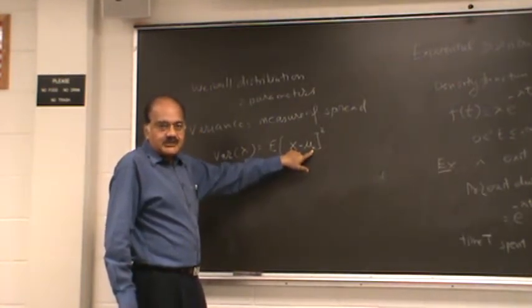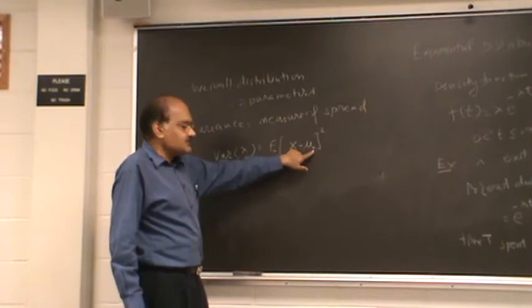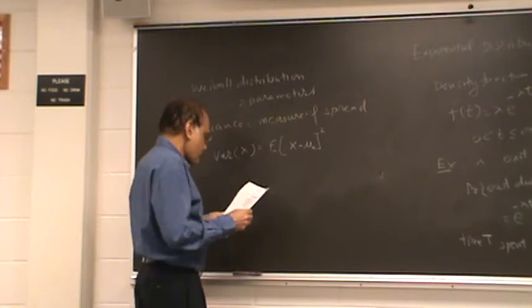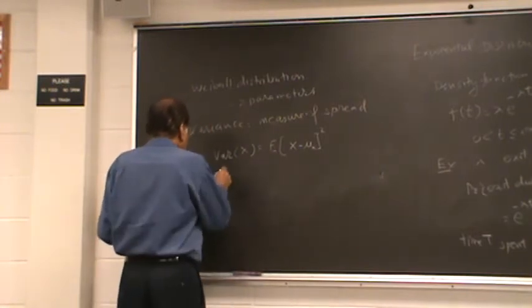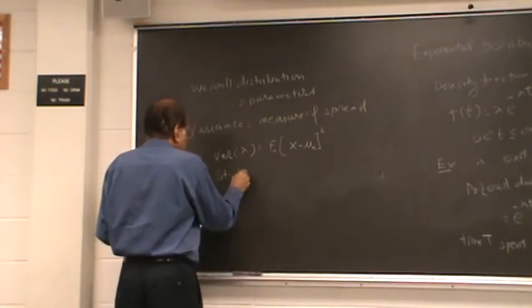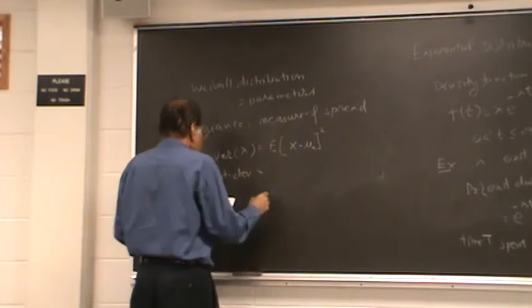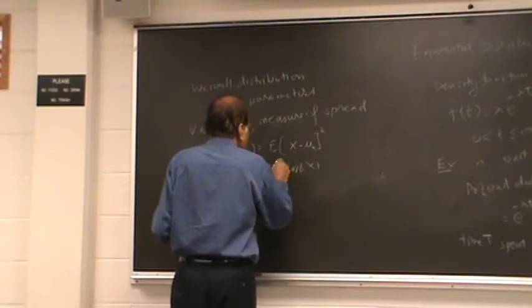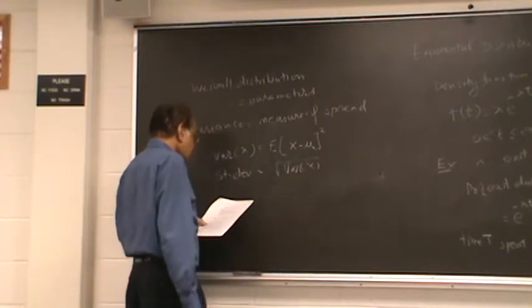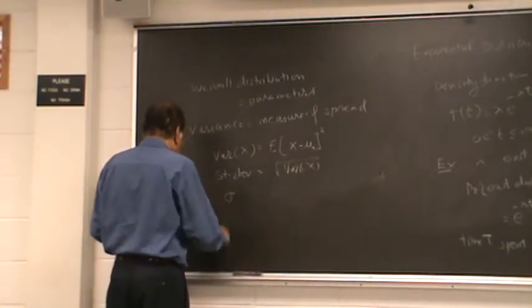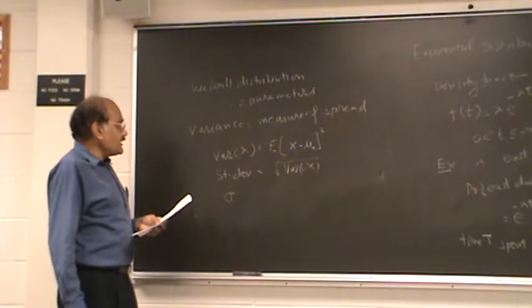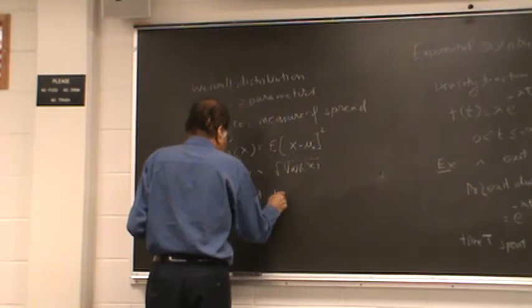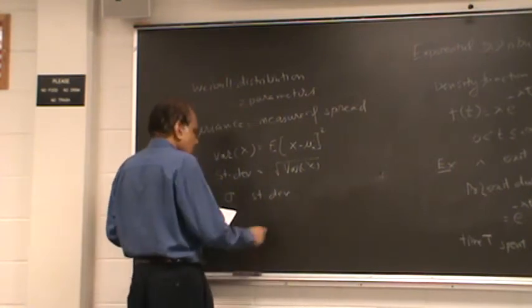Sometimes you want to explicitly say we are talking about the mean for this random variable. In that case, sometimes people will put a subscript. And standard deviation is actually equal to the square root of variance. Okay, and what is sigma? Sigma is standard deviation, usually for a normal distribution.